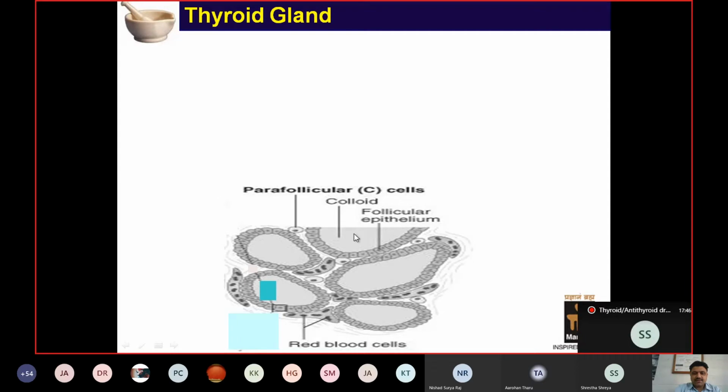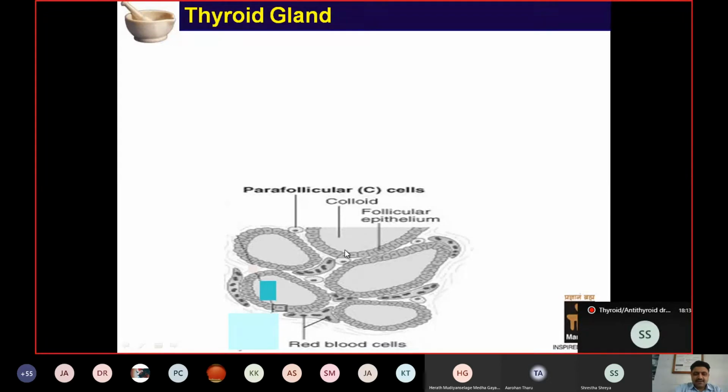This is the colloid, which contains thyroglobulins, and this is the single layered cell, the follicular epithelium. So this is one functional unit of the thyroid gland. Then the next unit; all these units make the thyroid gland.